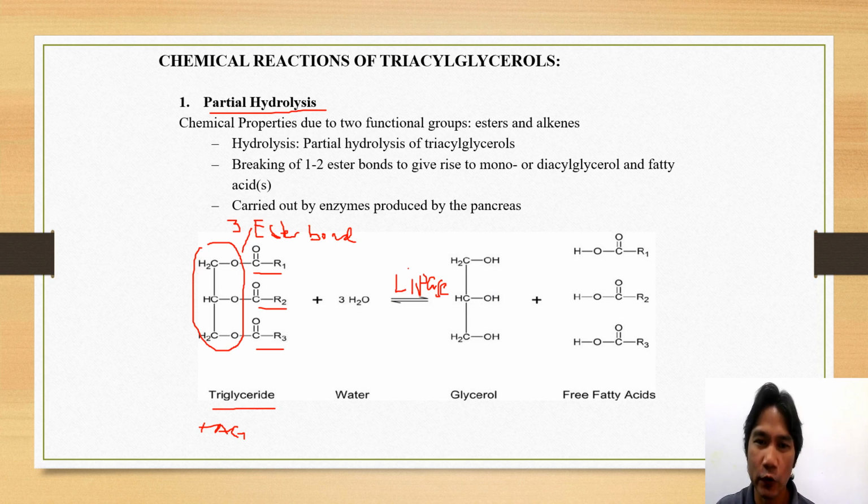So when hydrolysis happens, the reaction will produce glycerol and free fatty acids. When we say partial, only 1 or 2 fatty acids are removed, giving rise to diacylglycerol and fatty acid.